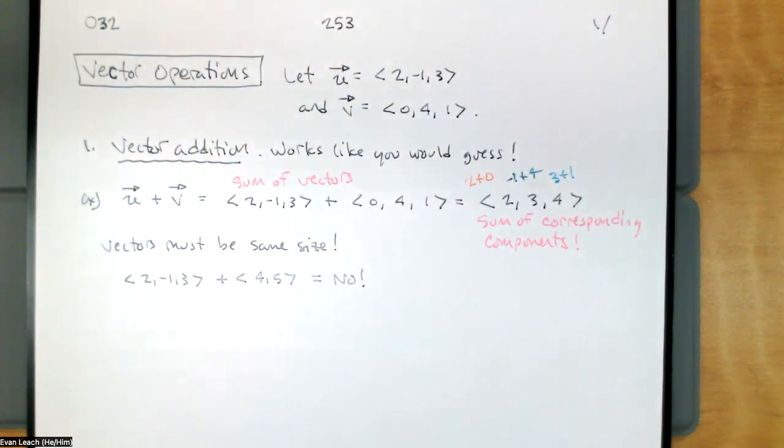This vector addition is not defined. 4, 5 is not in the same space as 2, -1, 3. 4, 5 is from R2. 2, -1, 3 is from R3.